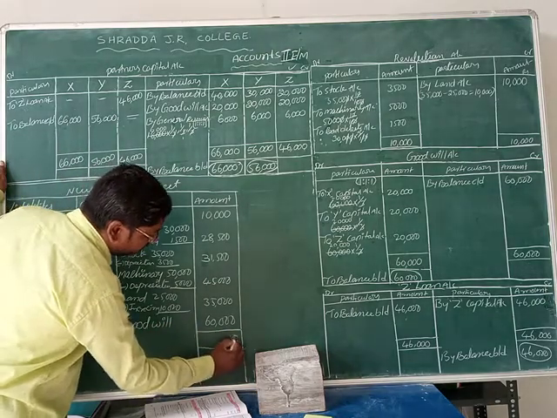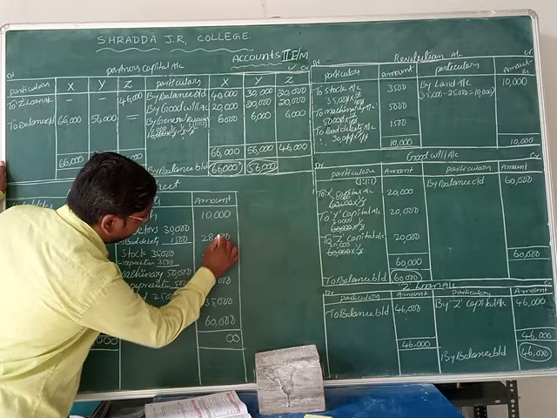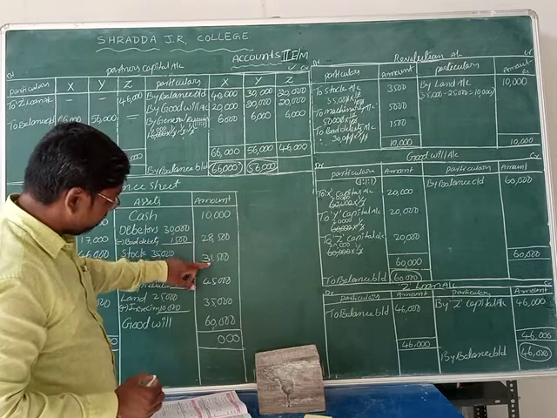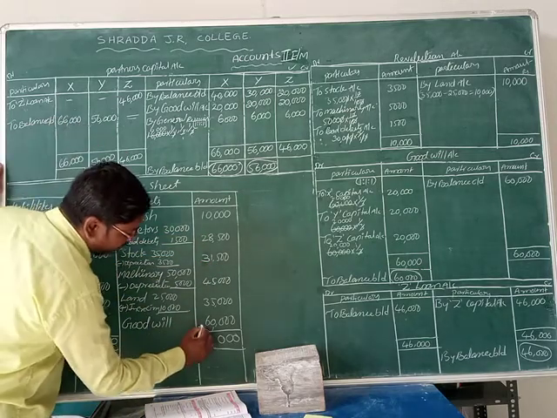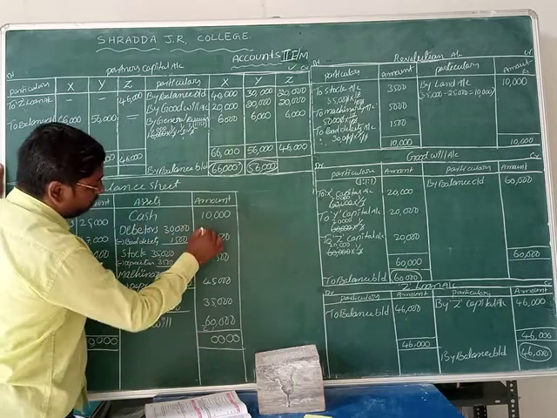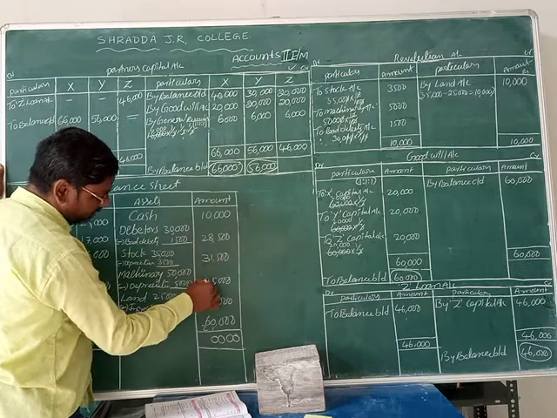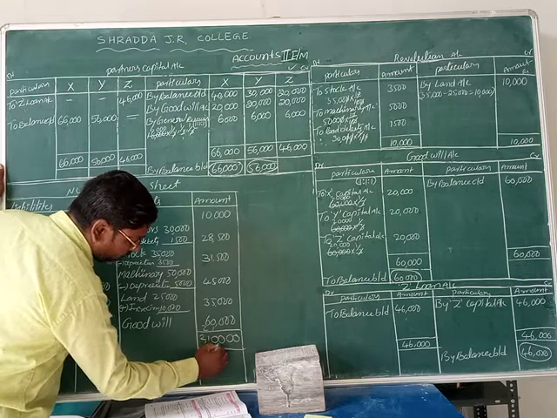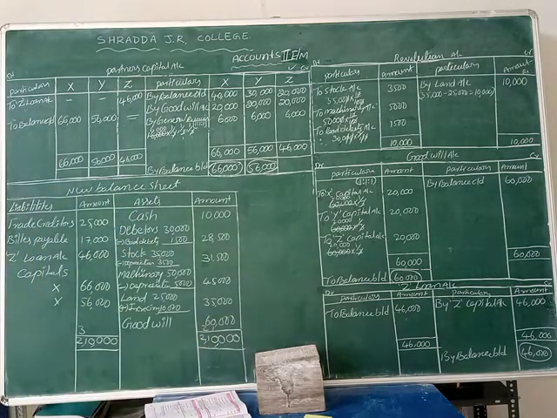Now assets: 0, 0. 5 plus 5, 10. Okay, 8, 9, 10. 5 plus 5, 10, 20. So 3, 6, 10, 13, 19 plus 2, 21. So 2 lakhs 10,000 rupees is assets and 2 lakhs 10,000 rupees is liabilities, friends.